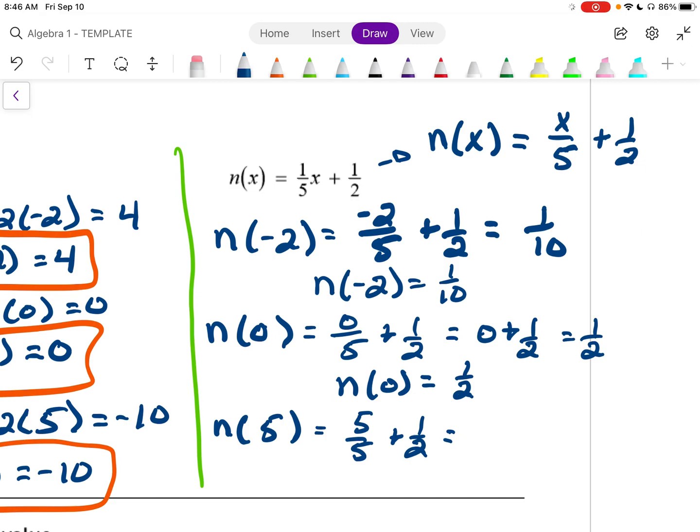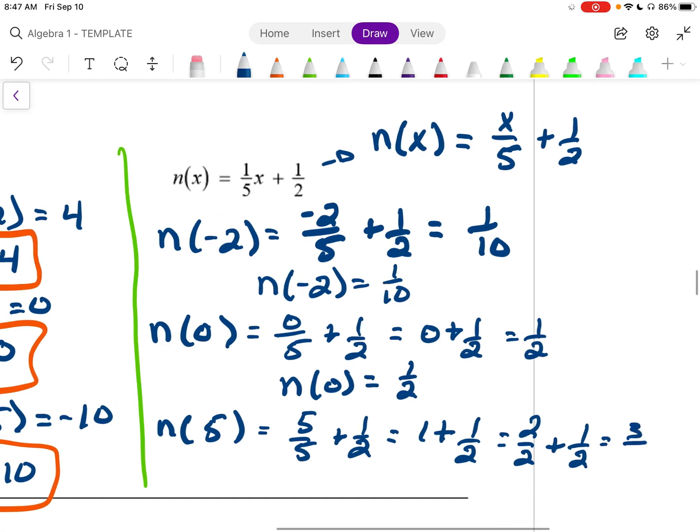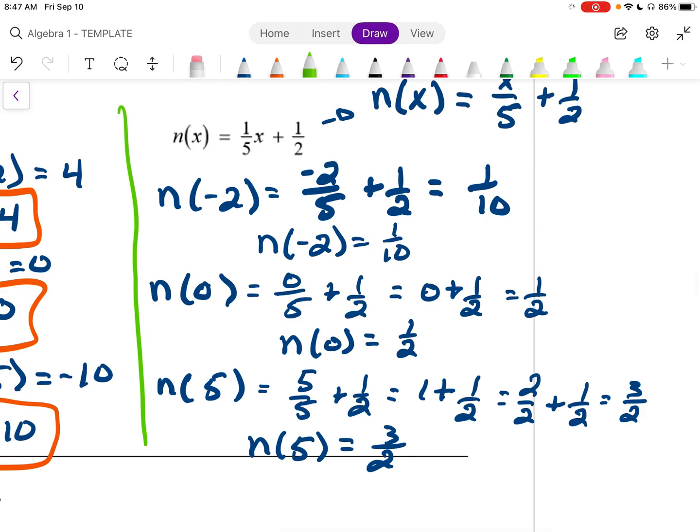Well, 5 over 5 is 1, so 1 plus 1/2. If I were to get common denominators here, this would be 2 over 2 plus 1 over 2. So this would be 3 halves. So n of 5 equals 3 halves. All right, so circling my answers.